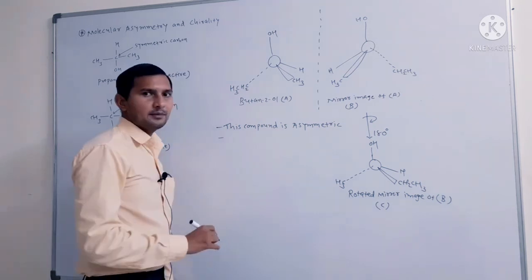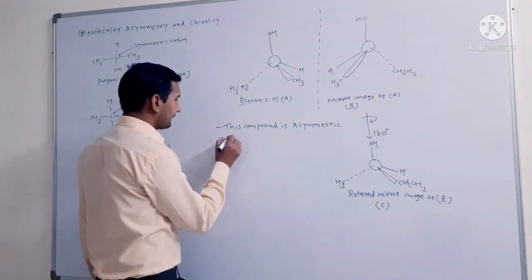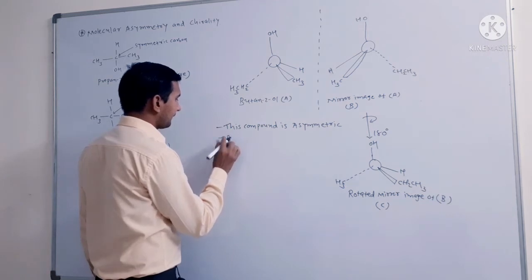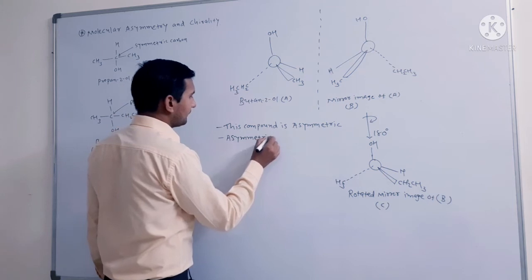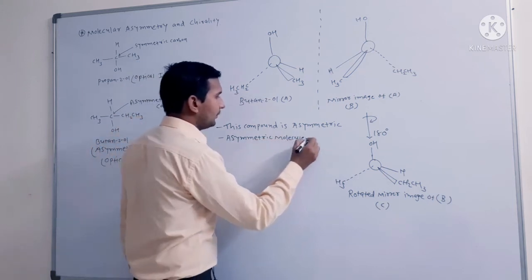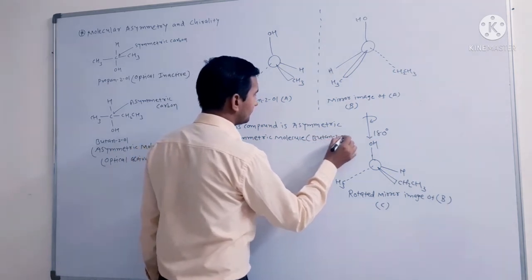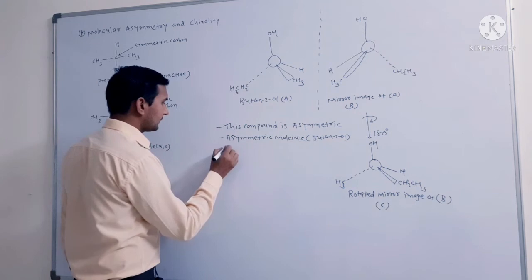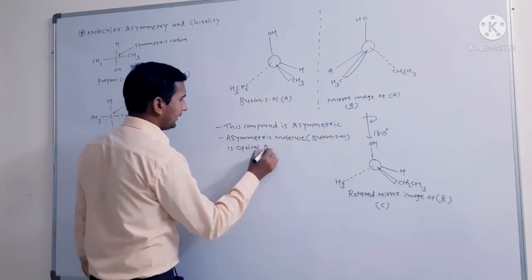And generally, asymmetric molecules are optically active. Asymmetric molecule means butan-2-ol is optically active.